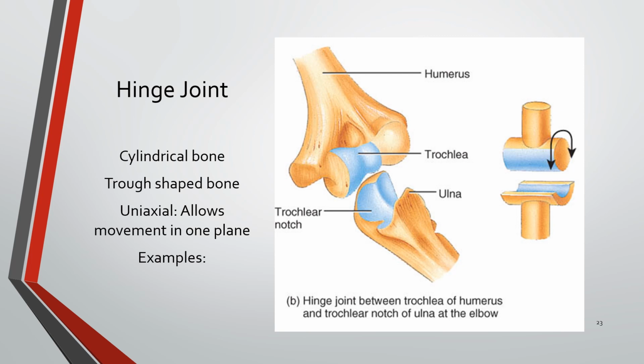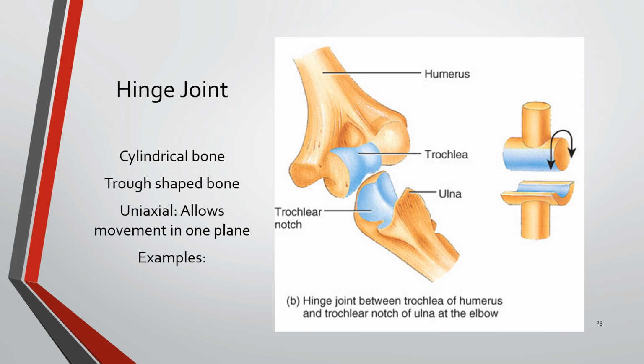Okay, the hinge joint. You've got a bone that's kind of like a cylinder, and also a trough-shaped bone. We have a few different examples of these types of joints in the body. They're considered uniaxial. Uni means one, like a unicycle has one wheel.